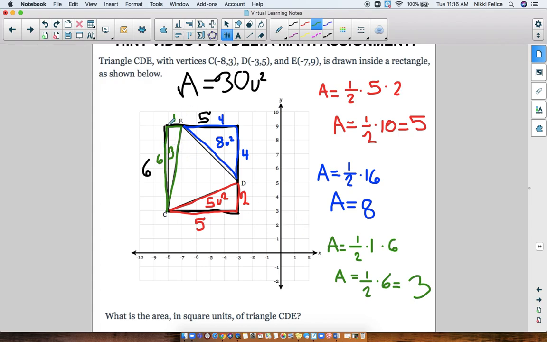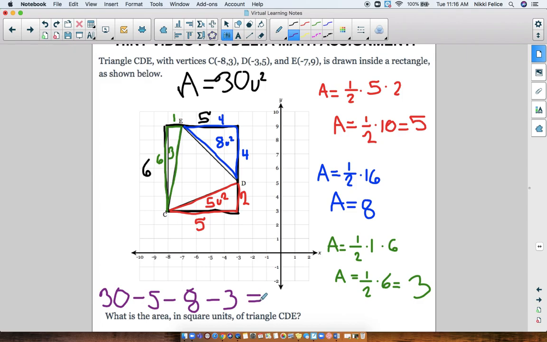So now that I know the area of the entire thing, and I know the area of these 3 little parts, I can do 30, because that's the area of the entire rectangle, minus 5 from the red triangle, minus 8 from the blue triangle, minus 3 from the green triangle.